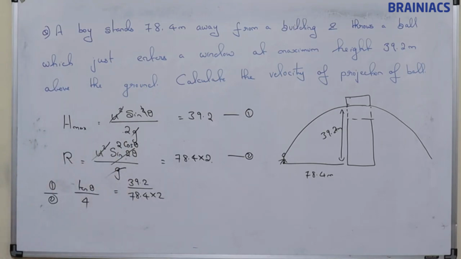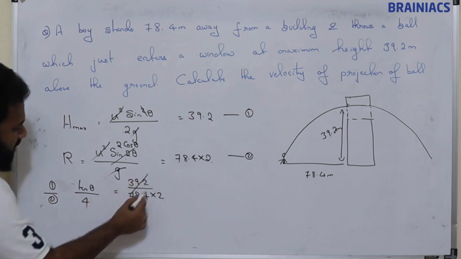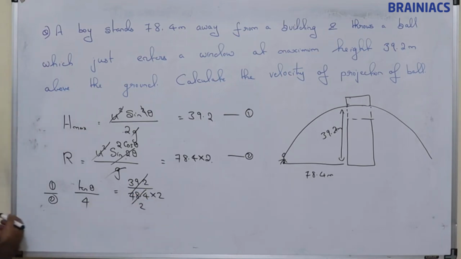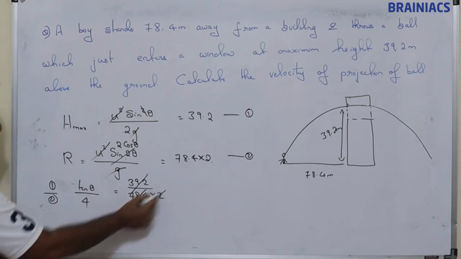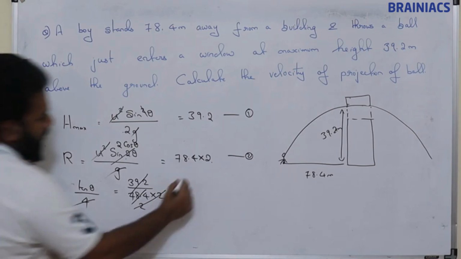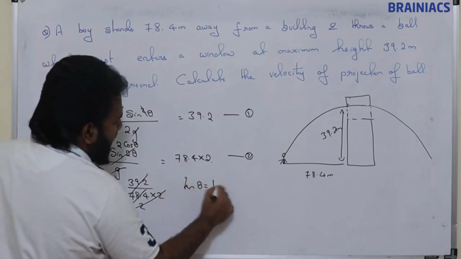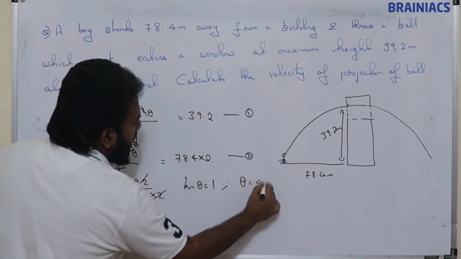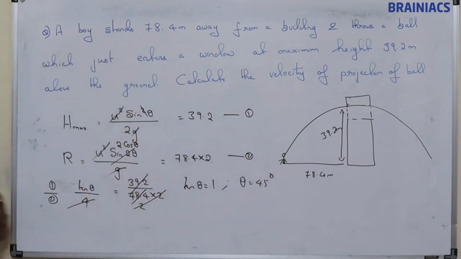We need to find the velocity of projection. So at least from here we will be able to find tan theta. If we cancel, this is 2, so 2 into 2 is 4, and this and this can be cancelled off. We get that tan theta is equal to 1. So theta is equal to 45 degrees.